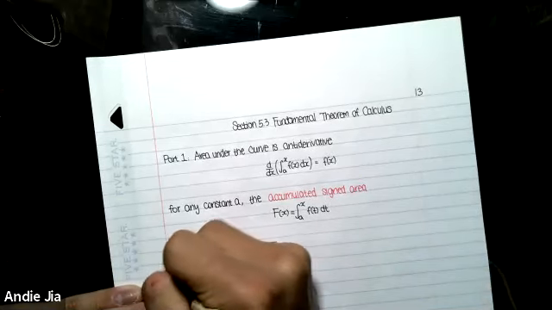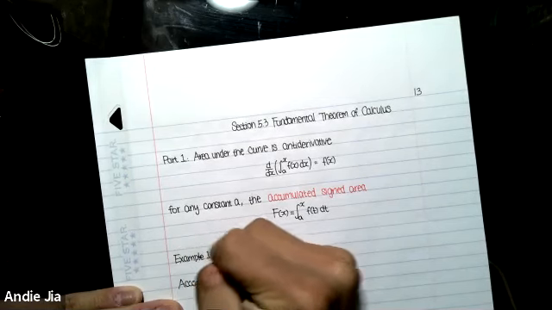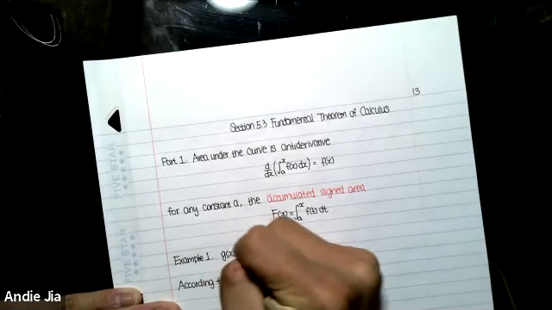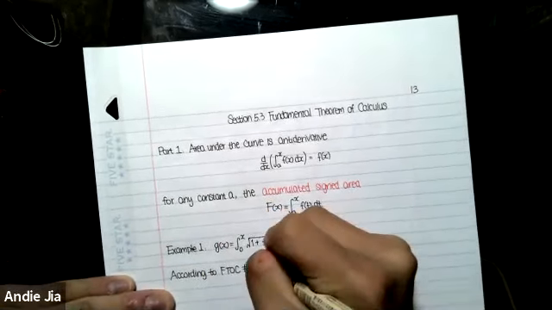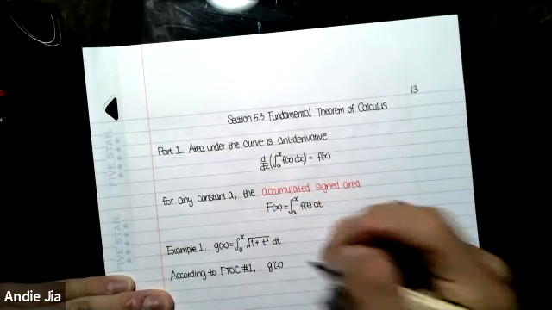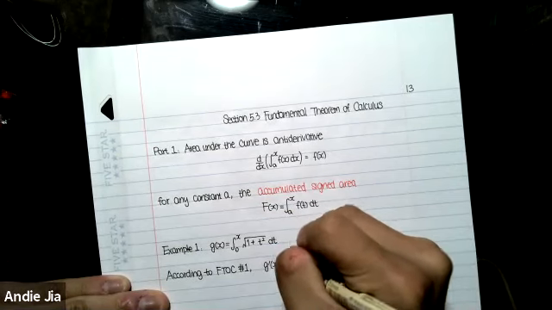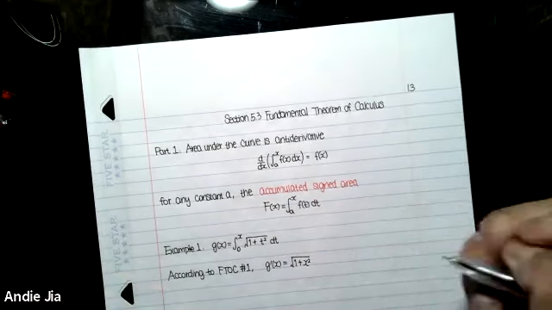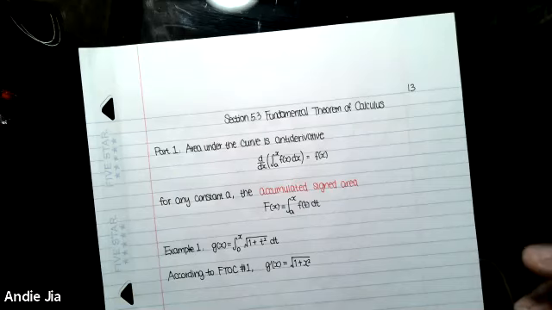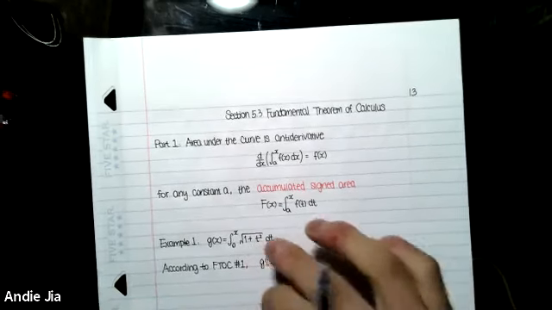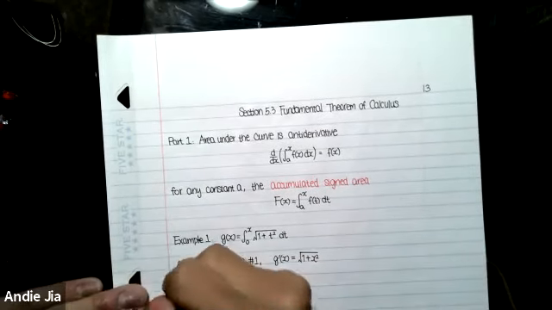So according to FTOC number one, g prime of x is equal to 1 plus x squared. This is just part one of the fundamental theorem of calculus. Let's do another one.